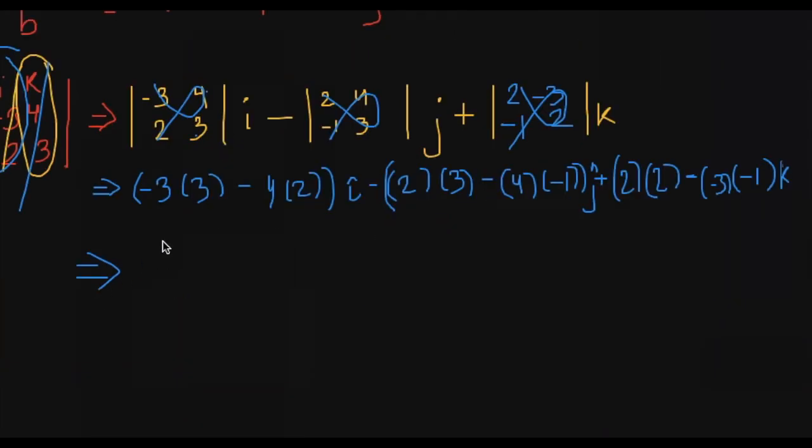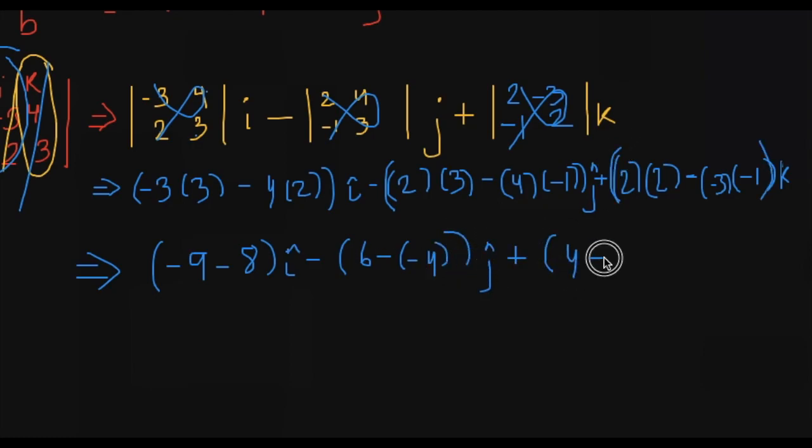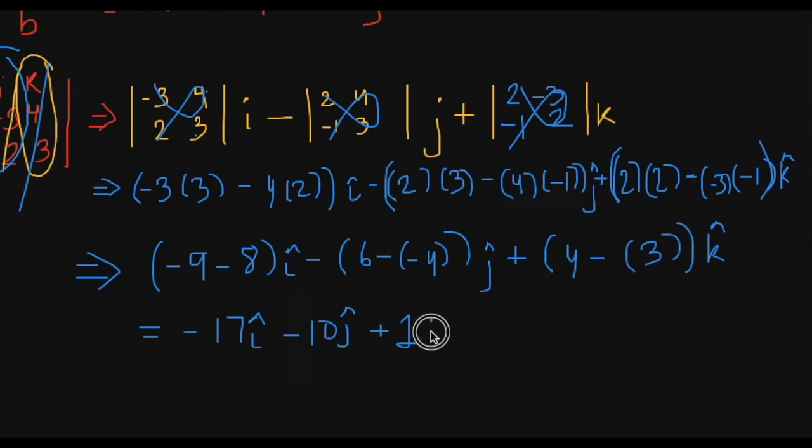Okay, now we have negative 3 times 3 is negative 9 minus 8, i; minus 6 minus negative 4, j; plus 4 minus negative 3 times negative 1, 3, k, which is negative 17i minus 10j plus 1k.